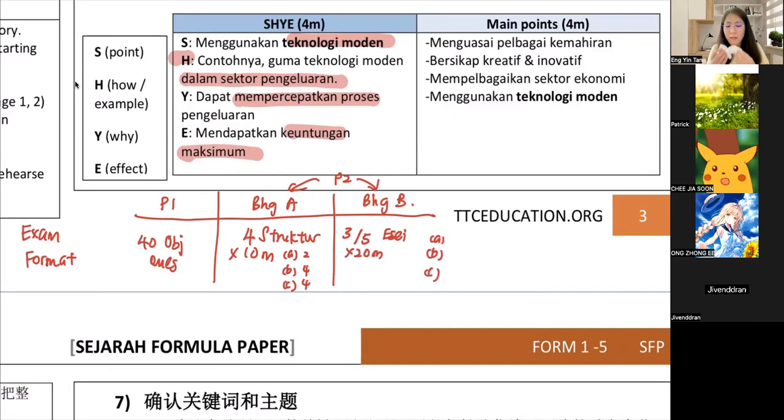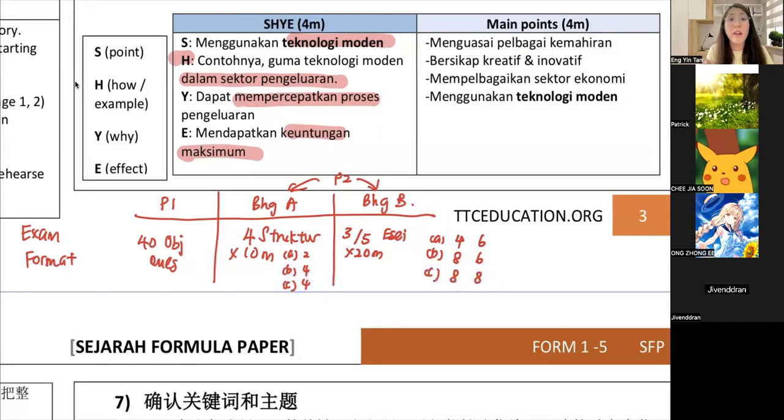Essay questions also have A, B, C. The marking is like 4, 8, 8 or 6, 6, 8. Okay, you see the differences? So why am I showing you this? Because I want to explain part C for you guys.